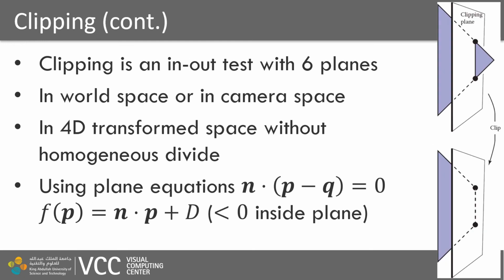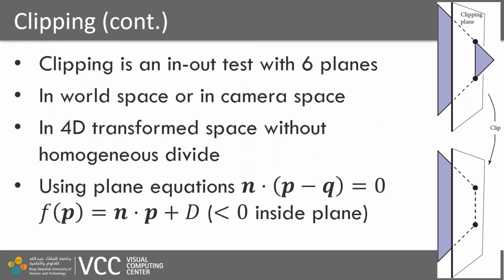So we can clip the triangle in this case with the in-out test with 6 planes. If the test fails with at least one plane, it means that one vertex is out, or maybe several vertices, maybe 2 vertices could be out as well.